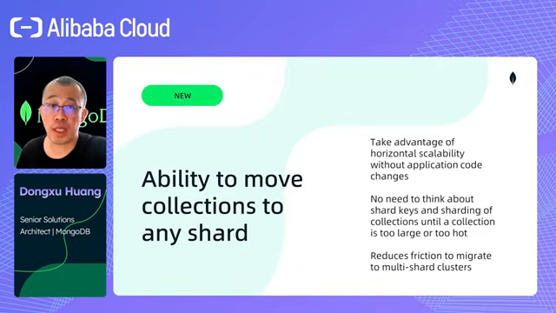But maybe resharding is not the answer, because your hot shard involves mainly unsharded collections, and all you need is to move a collection to a different shard. This is where this ability comes into play, and we are making it faster and easier to move data from an unsharded collection to any shard. So now let's see how we can do it in MongoDB 8.